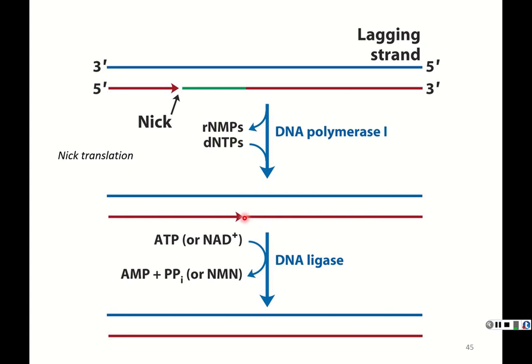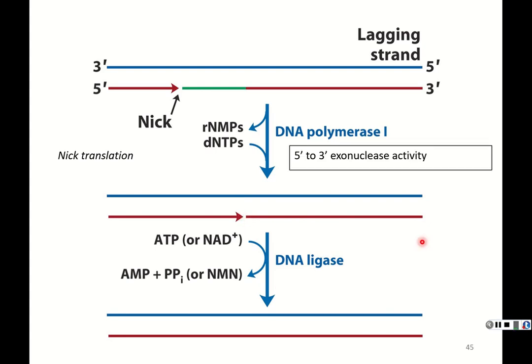Okay, you still have that nick, and that's where our DNA ligase comes in. It uses ATP, and it just connects those two. Right, and DNA polymerase I there has that 5' to 3' exonuclease activity. That's what's actually being used to remove that RNA primer.